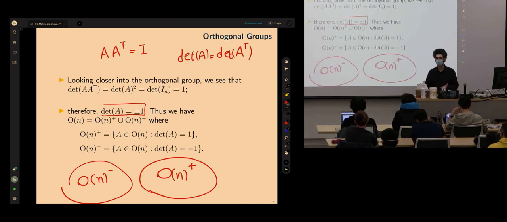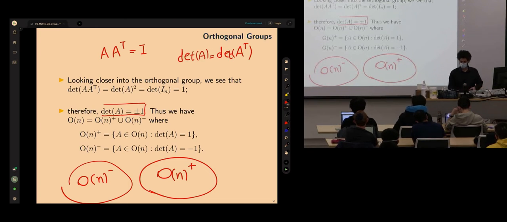These are all orthogonal matrices, but there's a group of them that have their determinant to be +1. There's another group where the determinant is -1. Now, they cannot be combined because these are separate groups. They have nothing in intersection. So we learned that this orthogonal group is a disjoint union of these transformations.